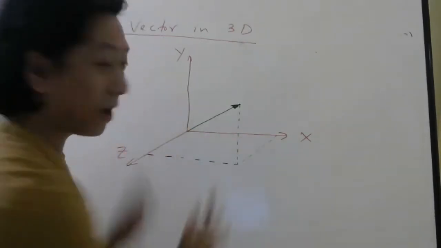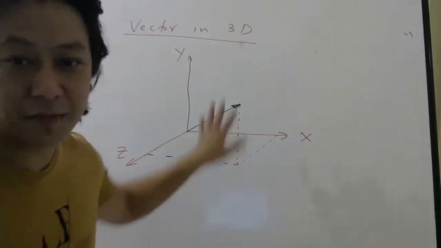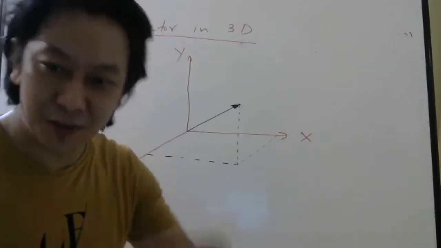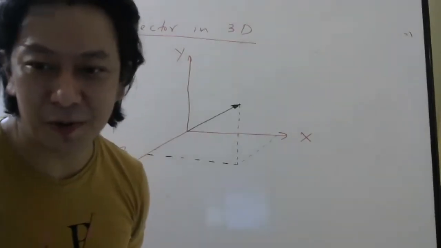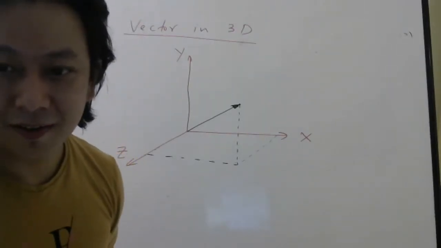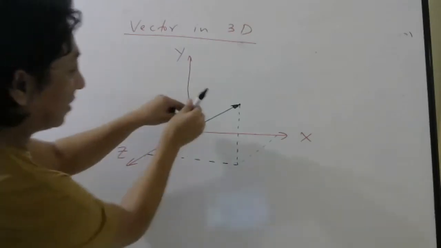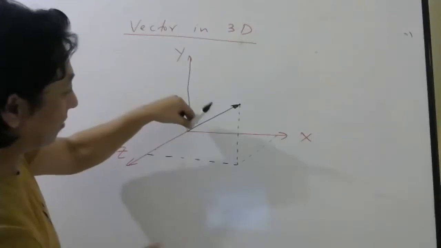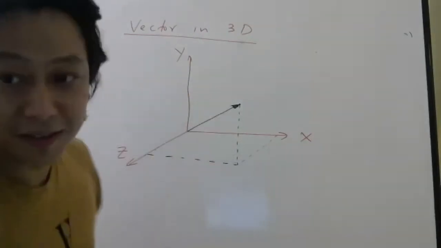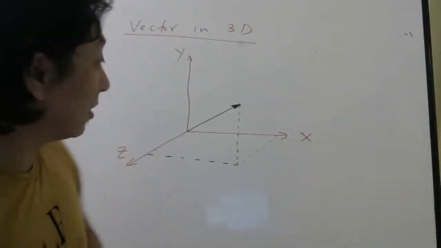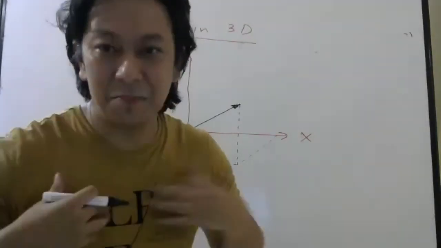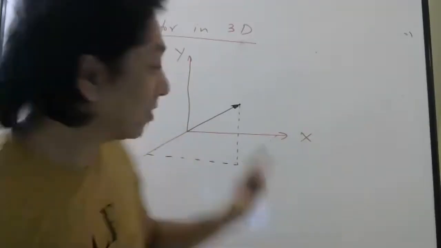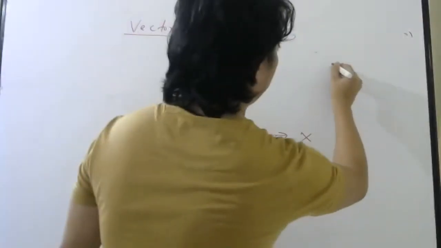So are you able to imagine this? How many of you are able to imagine this? If not, also no problem. I will draw another diagram that will help you a lot. So you have to think this vector is out of x, y, z. So this is x, this is y, this is z. The vector is here. Okay, fine. Those who are feeling a little difficulty, like me, I used to find it very difficult to imagine 3D objects. So what you can do is like this.